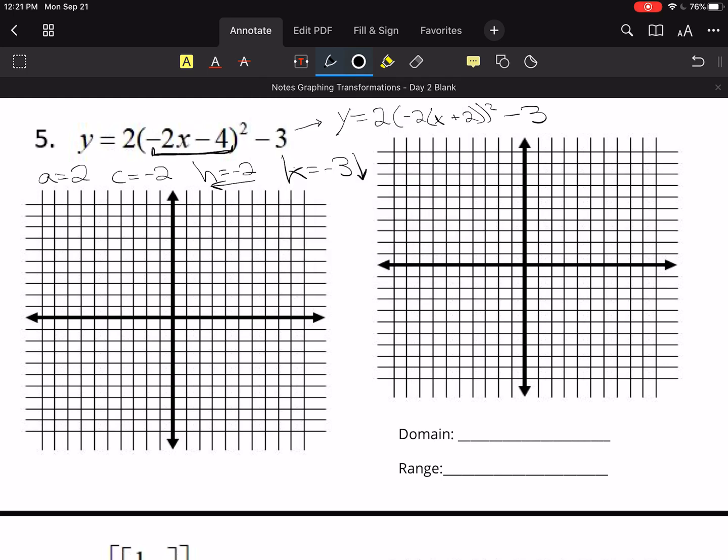Now, writing out my table, negative 2, 4, negative 1, 1, 0, 0, 1, 1, 2, 4. Now, I'm going to multiply all my y's by 2. I'm going to multiply all my x's by negative 1/2.